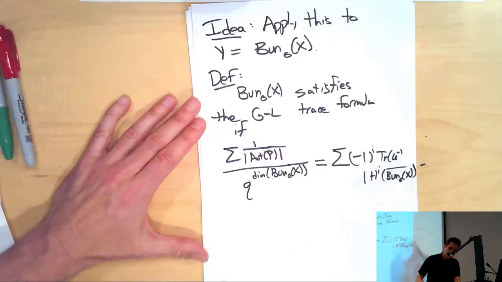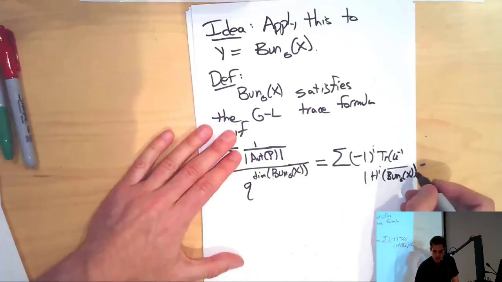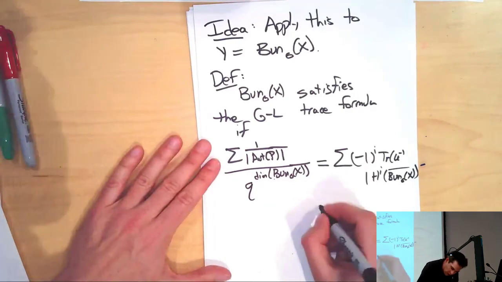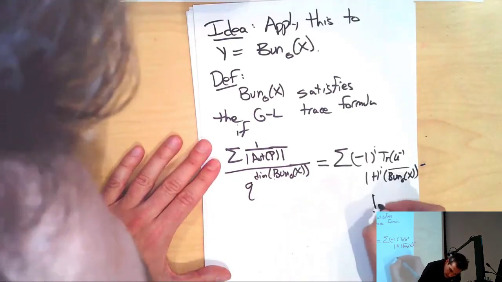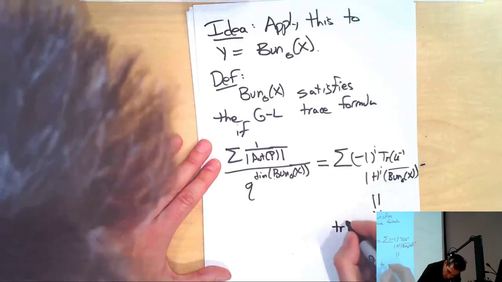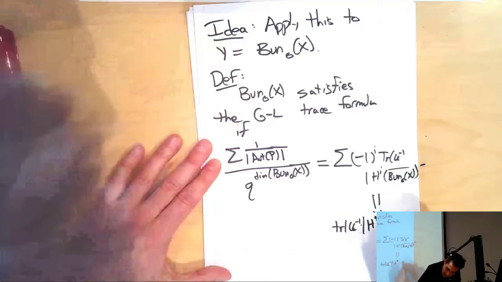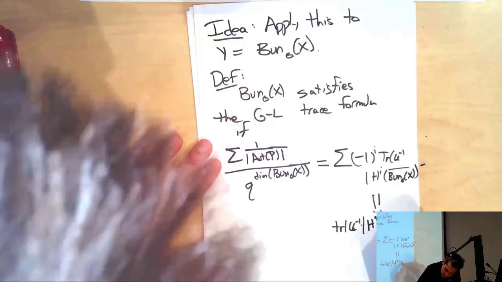I'll put a bar on that to mean that I'm really thinking of that over the algebraic closure of F_q rather than F_q itself. I'm going to be writing these alternating sums over and over again, so from now on I'm just going to call this the trace of Frobenius inverse on the graded vector space given by H star of Bun_G(X).